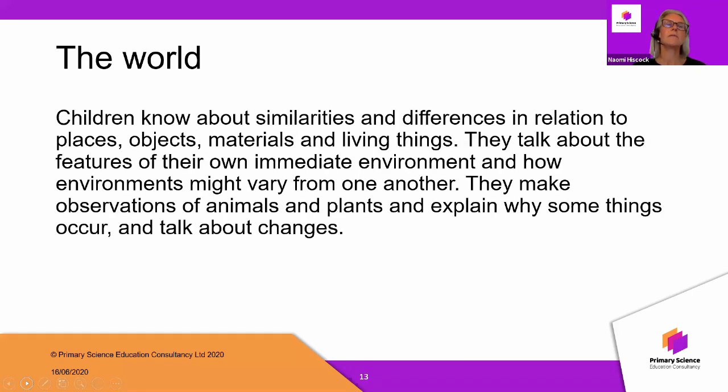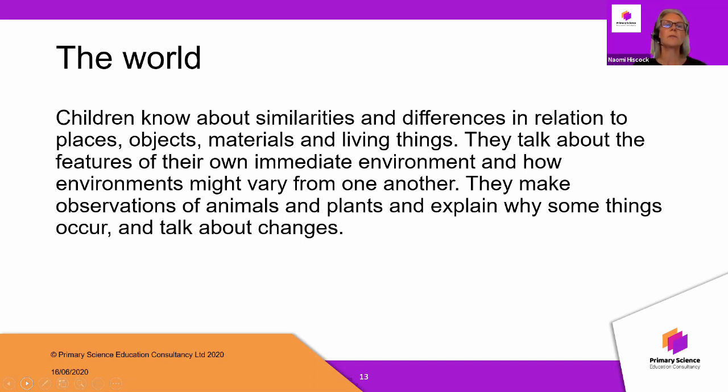And then if you actually read the statement about the natural world, which is where the science fits specifically, now you can clearly see where the Key Stage 1 curriculum comes from.